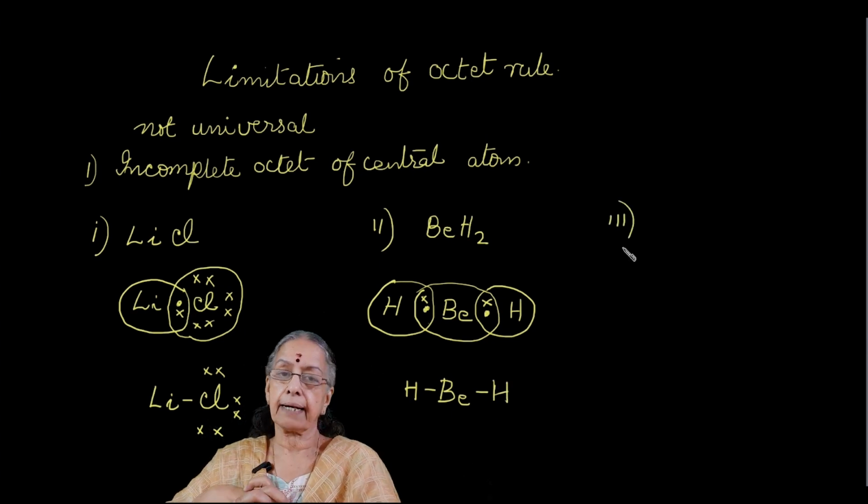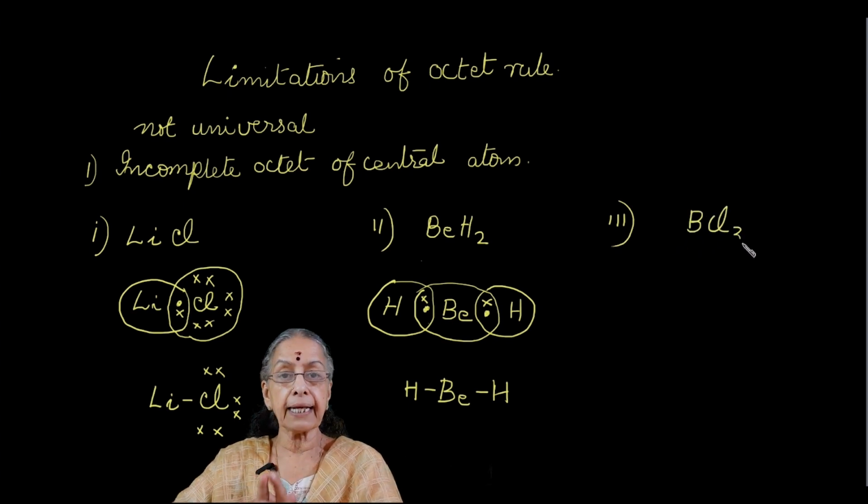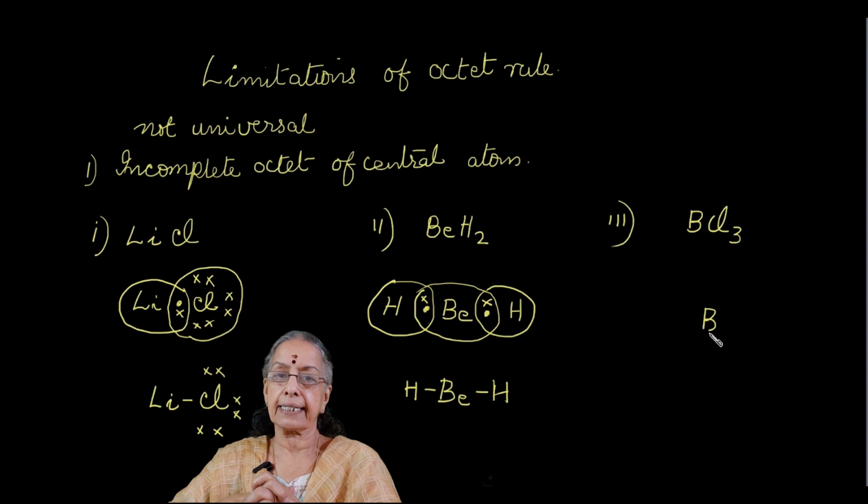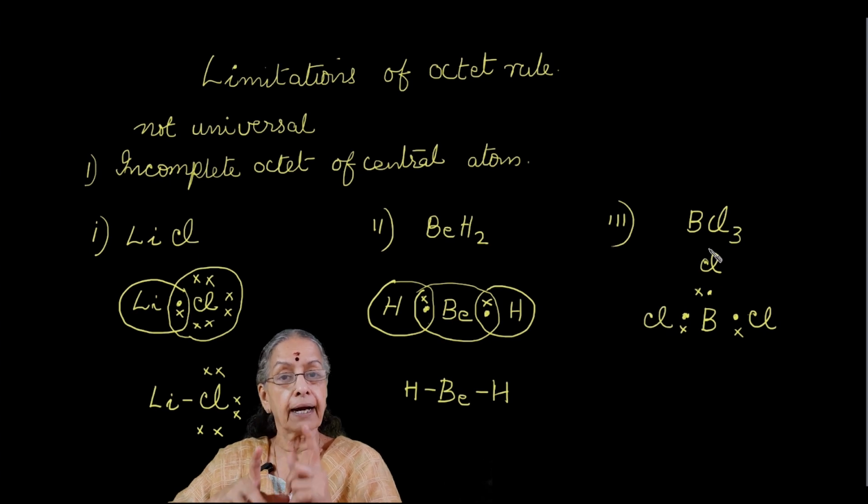Now the third example, boron trichloride, BCl3. Boron is the central atom. It is less electronegative than chlorine. It has 3 electrons in its outermost shell, which is shared with 1 electron each of the 3 chlorine atoms.